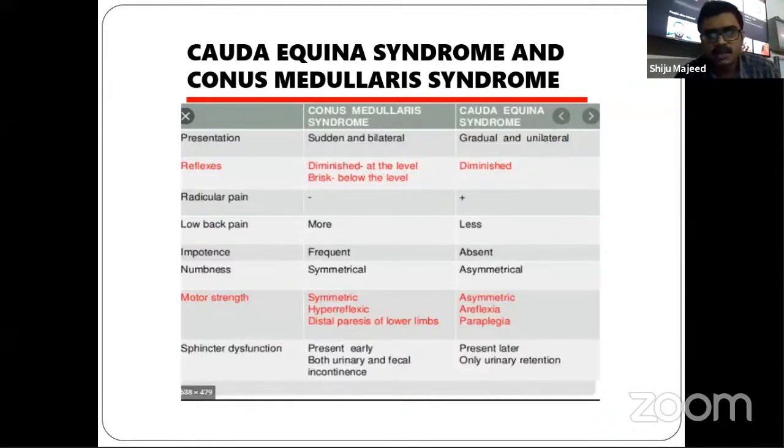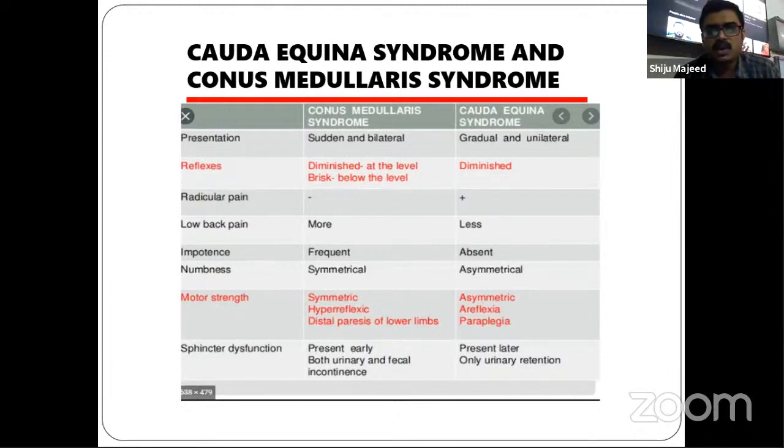It is usually symmetrical with respect to the numbness, and the reflexes are diminished at that level, but brisk below the level. So knee jerk will be diminished, but ankle jerk will be exaggerated. And the involvement of the autonomic system will be early. Both urinary and bowel incontinence, and impotence, are frequent.